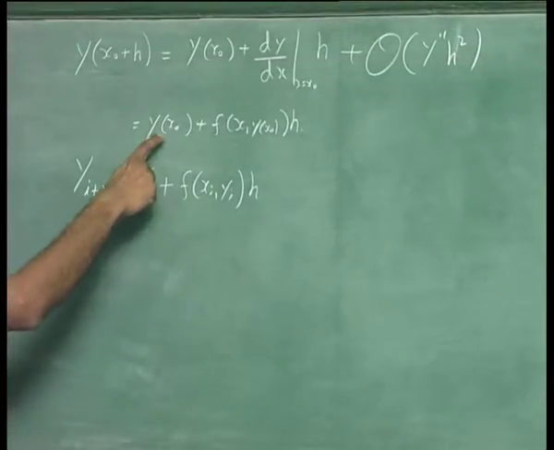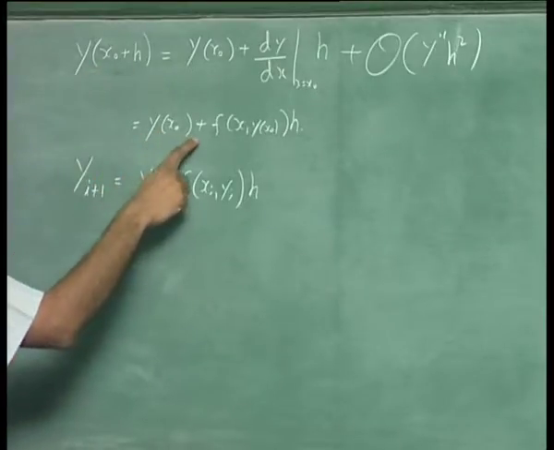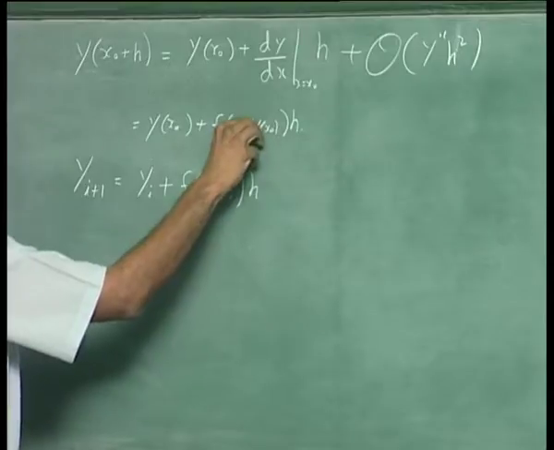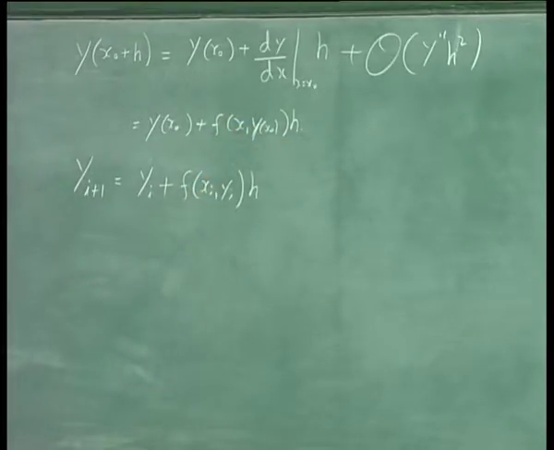Then I can say that y of x0 plus h is y of x0 plus y evaluated at x0 times h. This is a function of that because dy by dx is f. In general I can do this expansion around any point. So if I know y at xi, then I can find y at xi plus 1, which is y at xi plus h, which is yi plus 1.